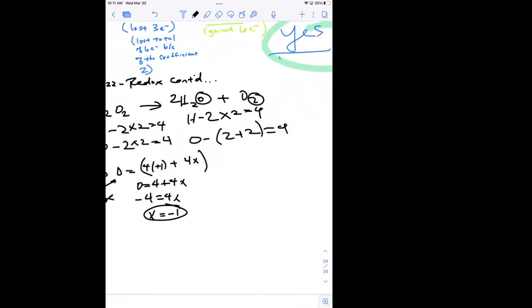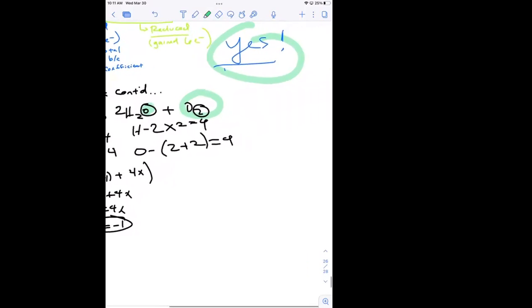We're going to look at this oxygen, and this oxygen. So this oxygen, the O2, we could just set that equal to 0, right? We know that O2, if it's molecular like that, then based on the rules, it has an oxidation number of 0. So we can't tell anything from that.